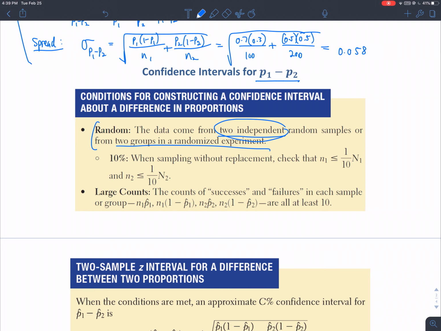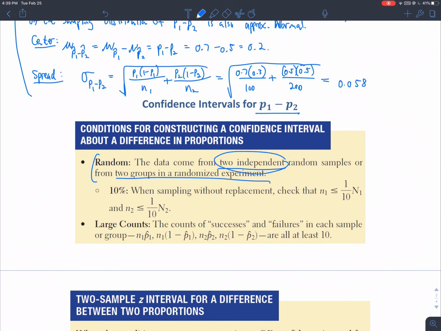I'll explain that by doing this. You actually have to say that if this is my sample 1 and this is my sample 2, we want to say that these samples themselves are independent.